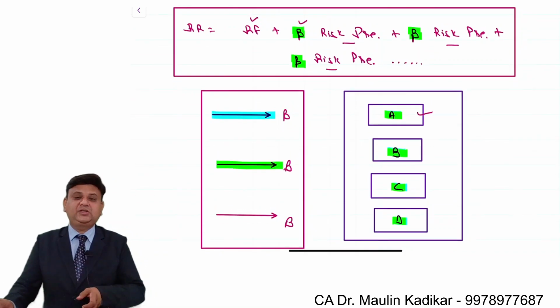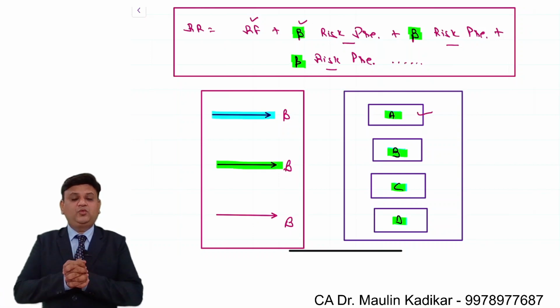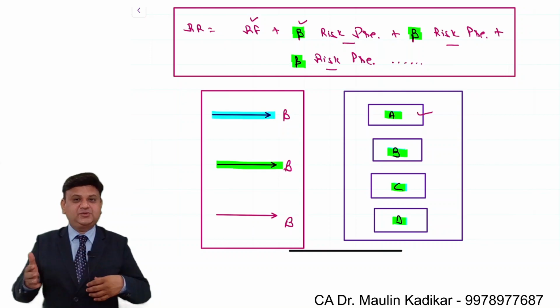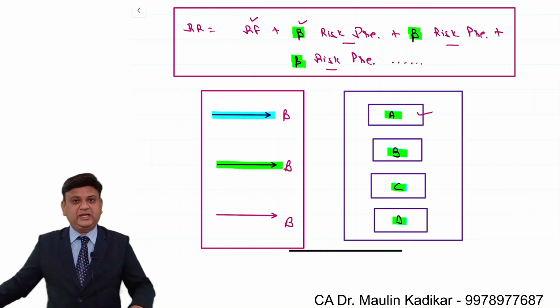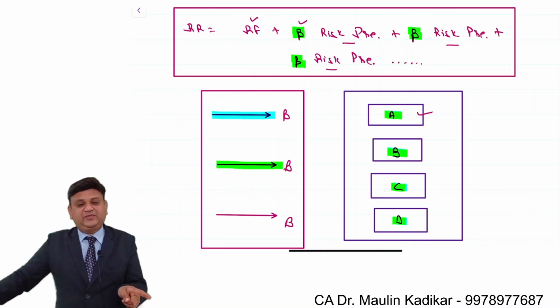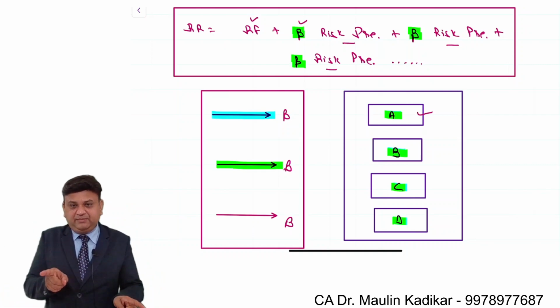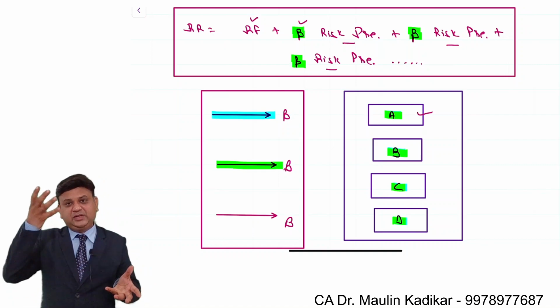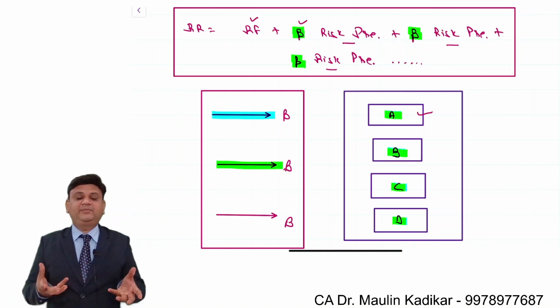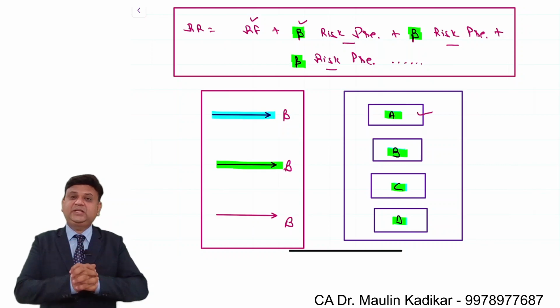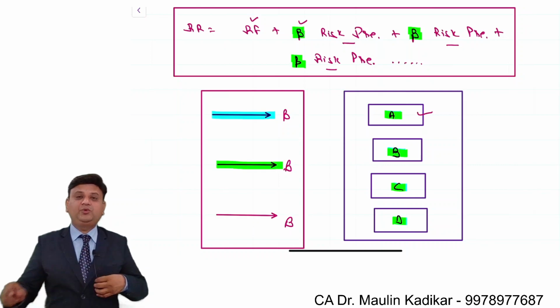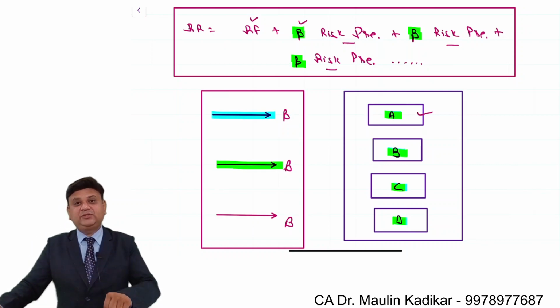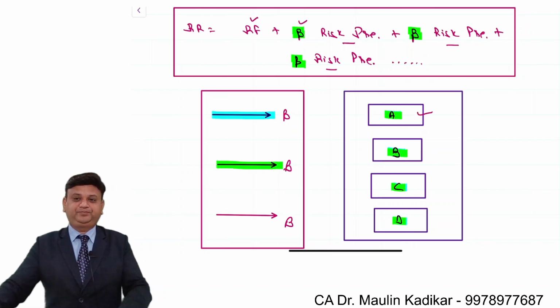That is the way we compute the required rate of return. APT has made an argument that each systematic risk factor does not have the same impact on all the companies. Each has a different impact on different companies. That is the reason there is a necessity to compute the beta for each individual systematic risk factor.